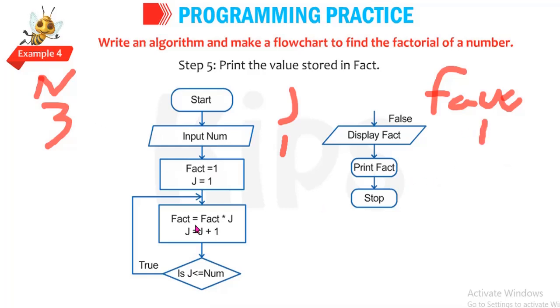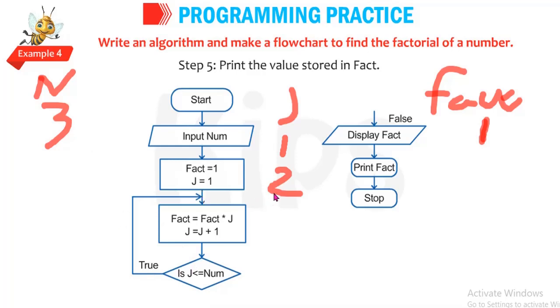Now fact is equal to fact into J: 1 into 1, 1 one is 1. Then J is equal to J plus 1, 1 plus 1, 2. Then is J equal to or less than number? Yes, it is true, so come here.